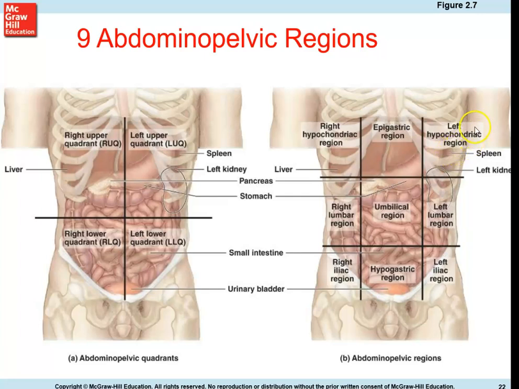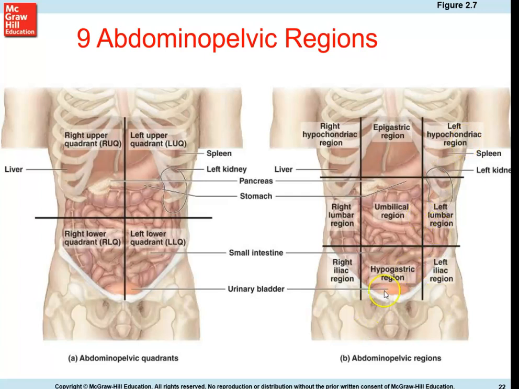On the left, you have the left hypochondriac region. Hypo meaning below, and chondri coming from chondros, I believe is the term in Greek, referring to cartilage or the ribs, the cartilage on the ribs.